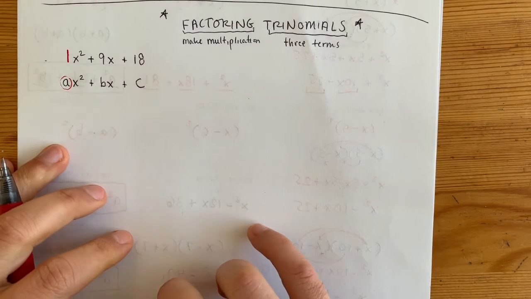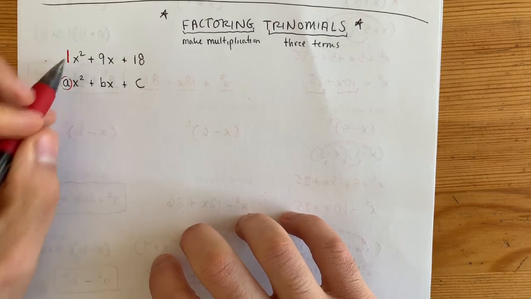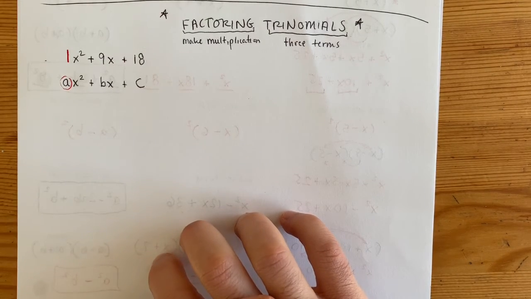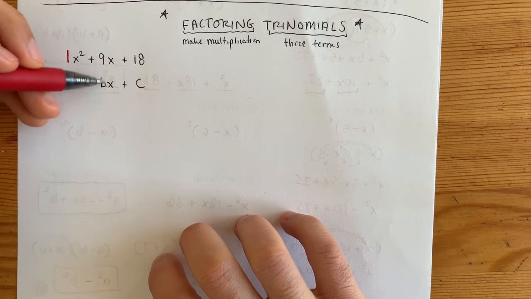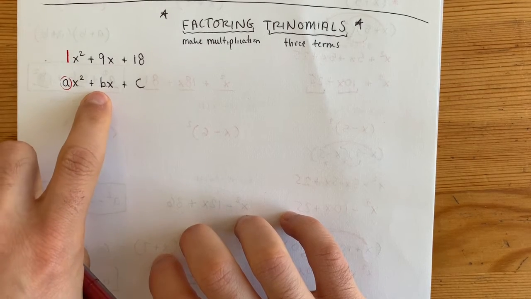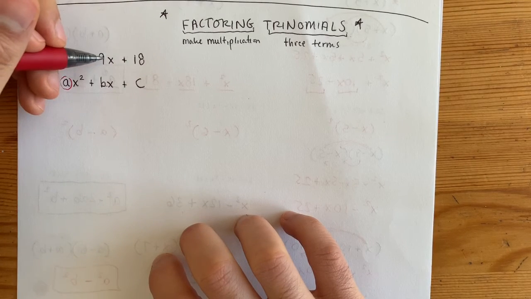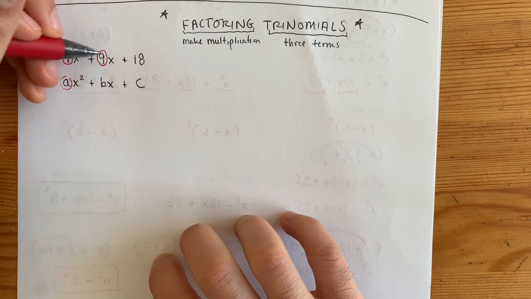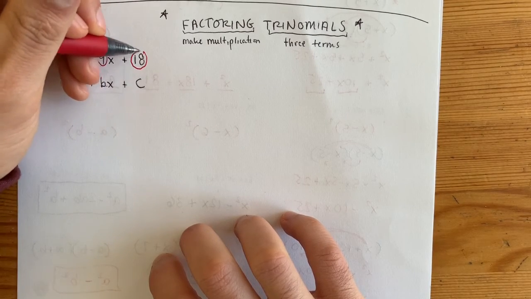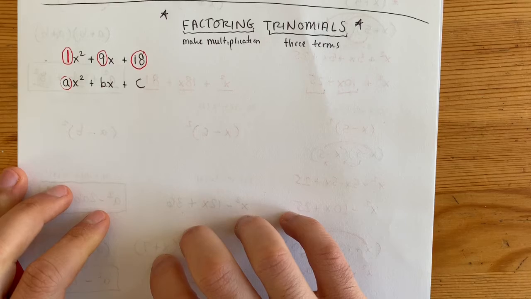We don't have to write the 1, but our a value would be 1. The b value is the second term's value, what's called a coefficient, the number in front of the x, and that in this problem would be 9. So we have a is 1, b is 9, and c is 18 for this problem.